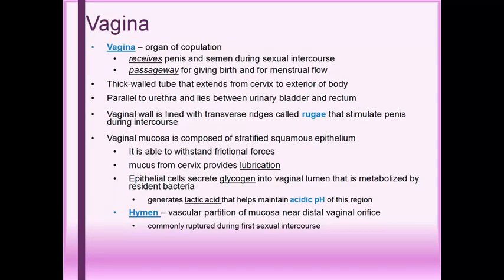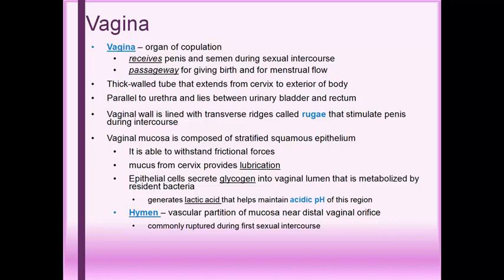The vagina, of course, is the organ for copulation, so it's designed naturally to allow the insertion of the penis so that the sperm can find its way to the egg that is waiting to be fertilized. So it's there to receive the penis during sexual intercourse, but also a passageway for giving birth and for the menstrual flow to be released from the female's body. We know that it extends down from the cervix to the exterior of the body.